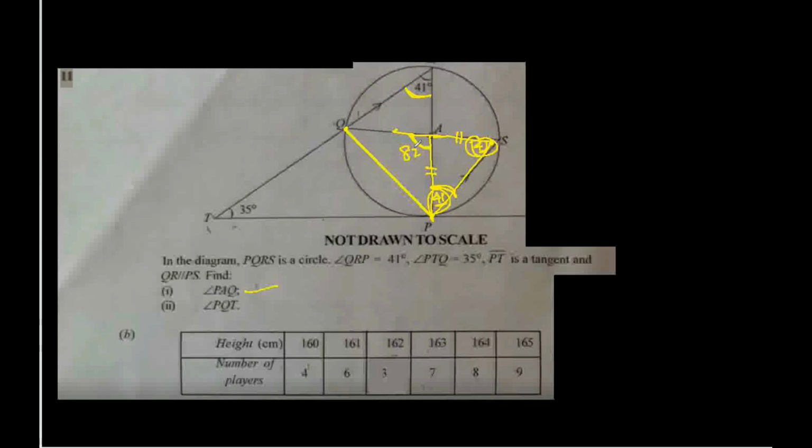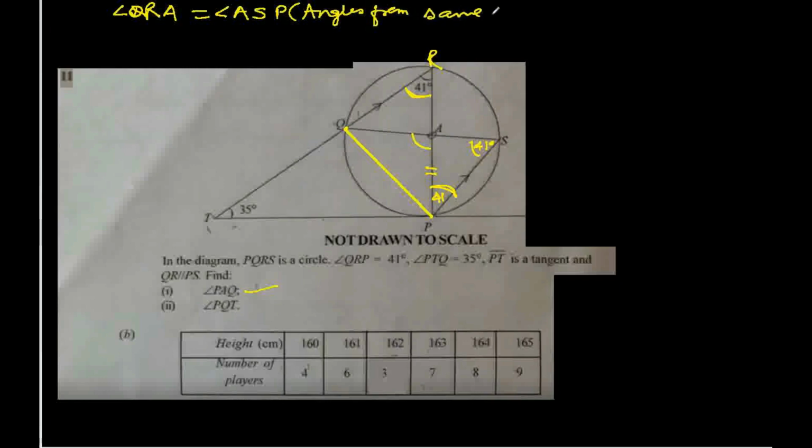I will write how to answer this in exams. So let's start here. Angle PQR is equal to angle ASP. You can write the reason: angles from the same chord.